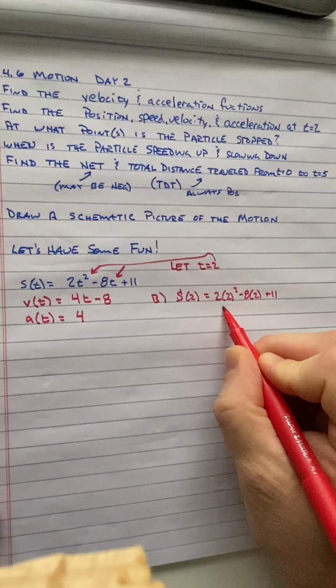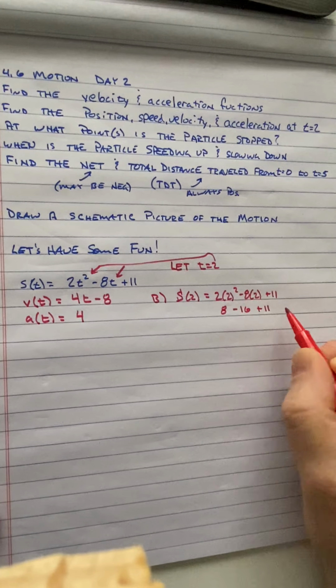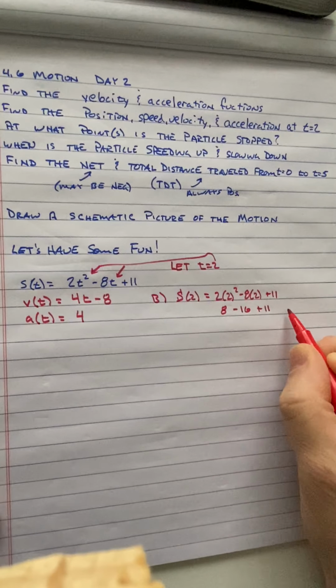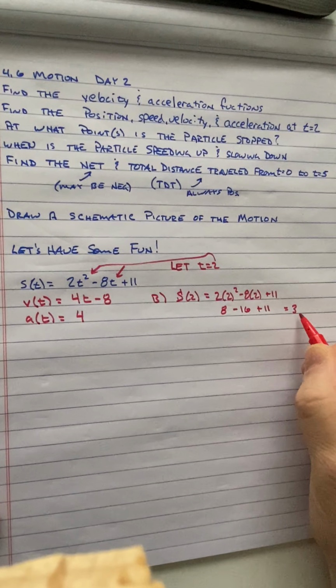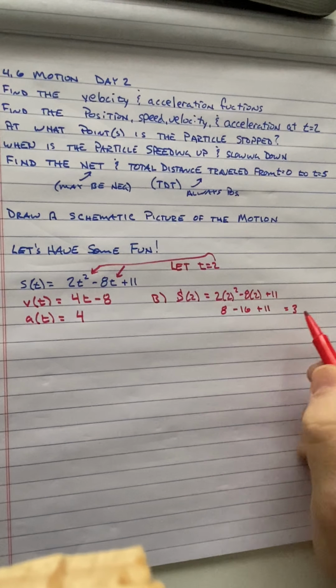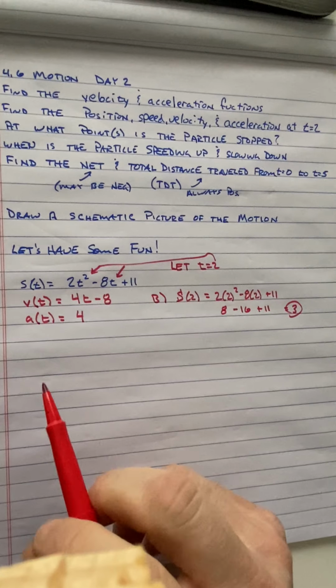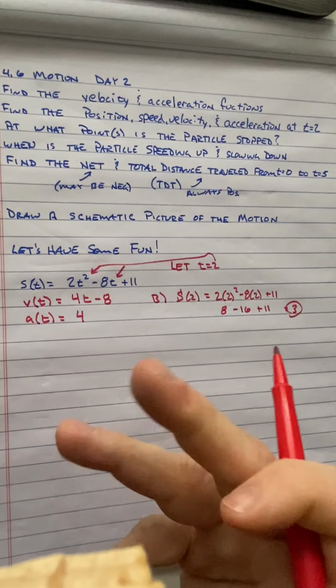That's 8 minus 16 plus 11 more, negative 8. I get 3. So the position of the particle at t equals 2 is 3. Maybe meters, and it always compares to the origin.